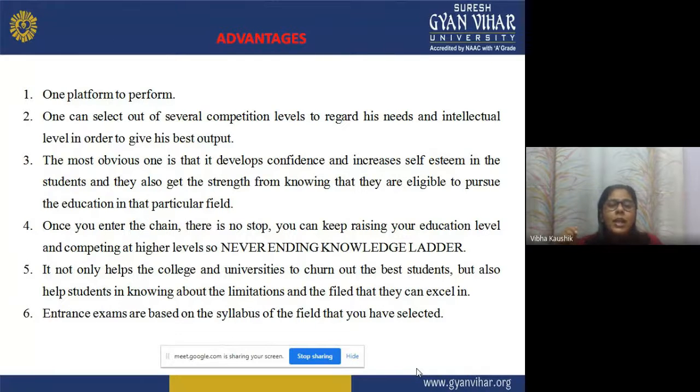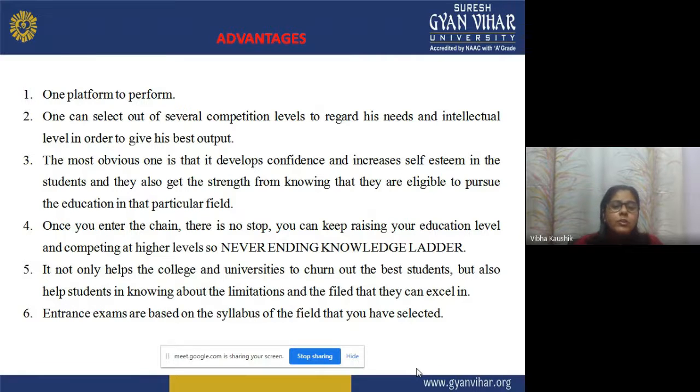Different competition levels are organized for getting admission in a particular course according to his needs and intellectual level in order to give his best output.